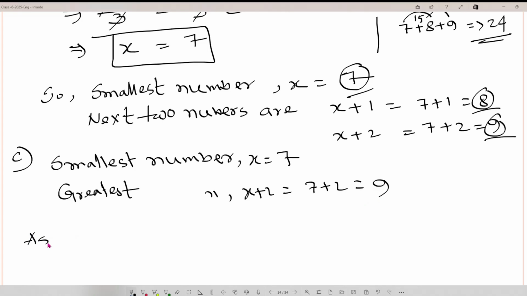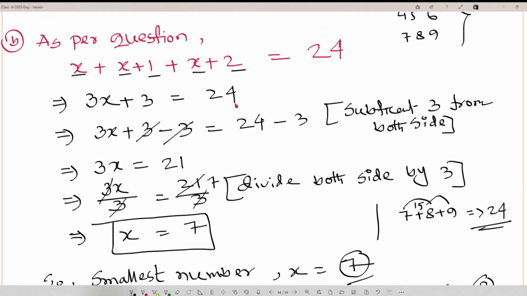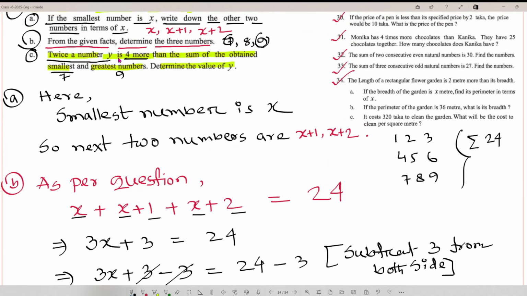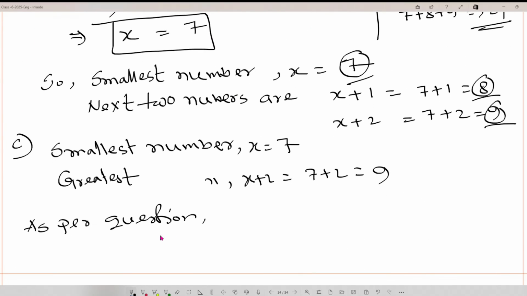So as per question, twice y, right? Twice a number y. So twice y equals to smallest number plus greatest number plus 4, is equals to 2y. So 2y equals to 7 plus 9 is 16. 16 plus 4 is 20. Okay.